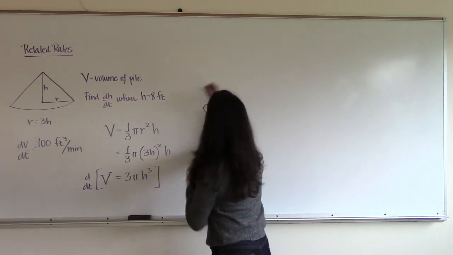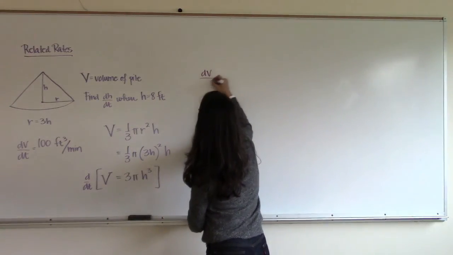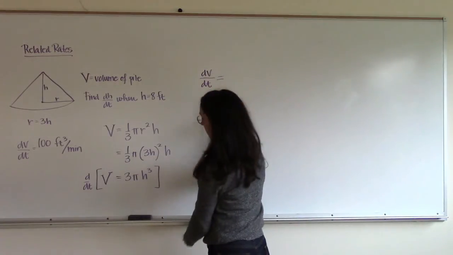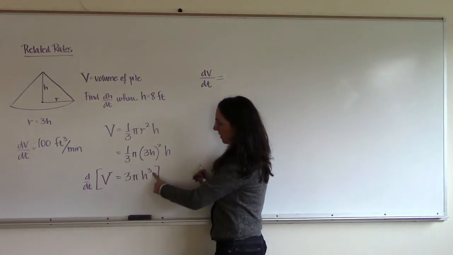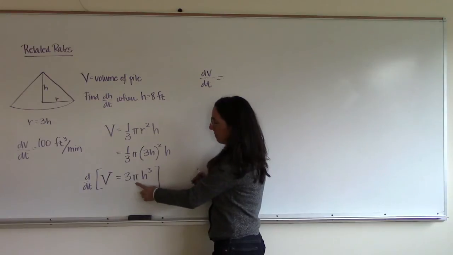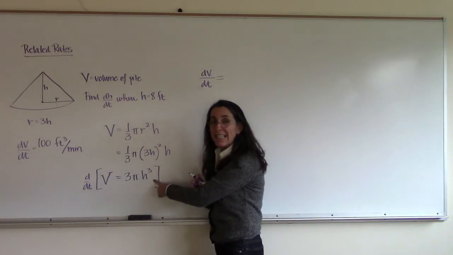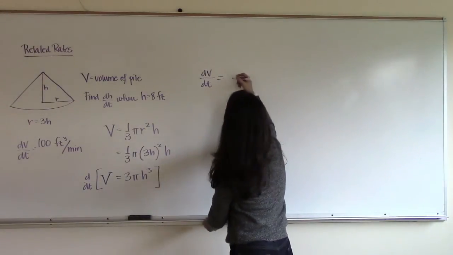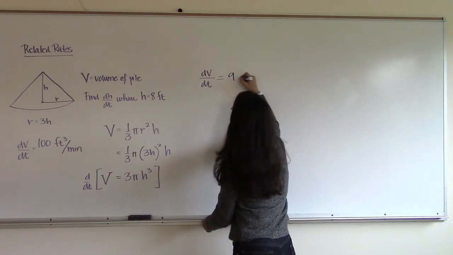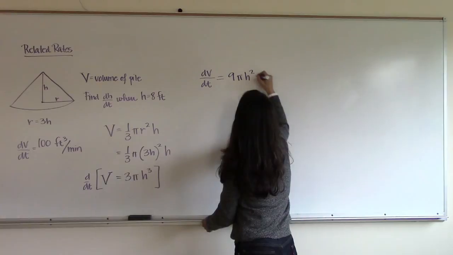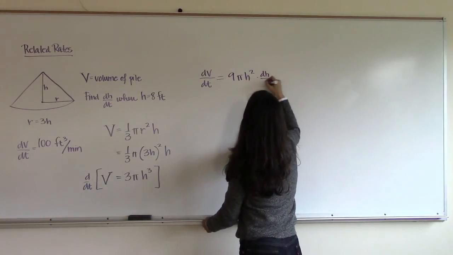On the left, I get dV/dt. Over here, if I pull this 3 down to the front, that'll give me 9 pi h squared, and then I have to multiply that by dh/dt. 9 pi h squared times dh/dt.